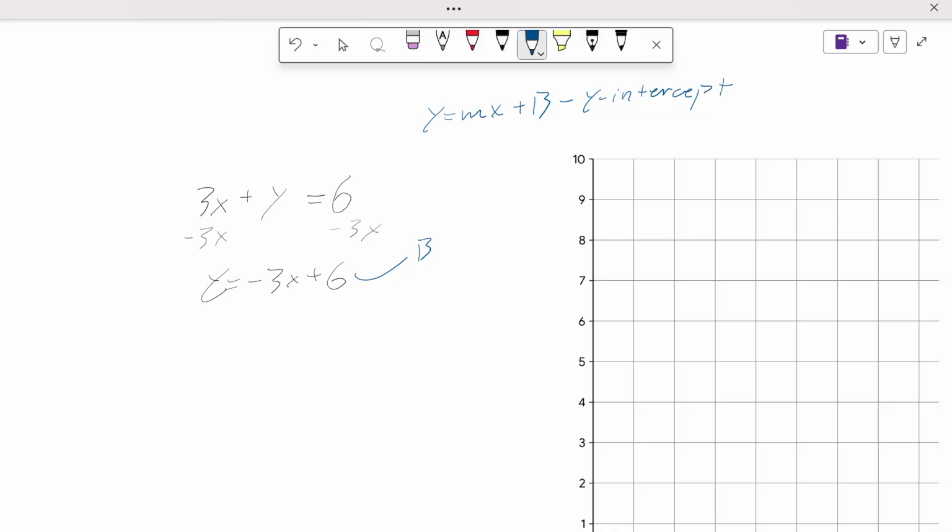Y-intercept means that x will always be 0 and we'll be moving on the y-axis. Since we got 6 here, we know our starting dot will be at 0, comma 6. We can go to our graph over here to the side and quickly put a dot on 0, 6.